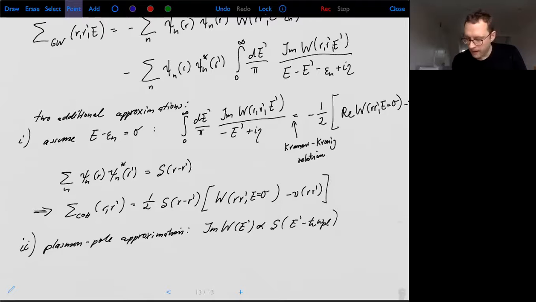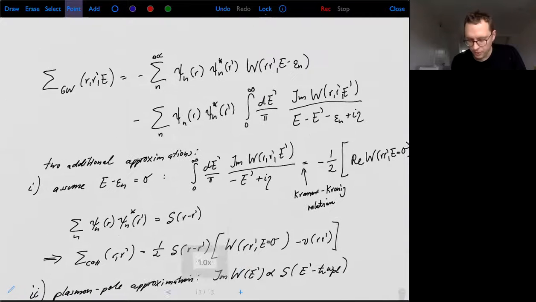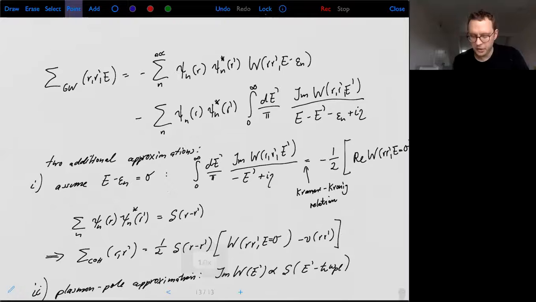Okay, so basically, I've now shown you how we can derive the GW self energy using this diagrammatic analysis.